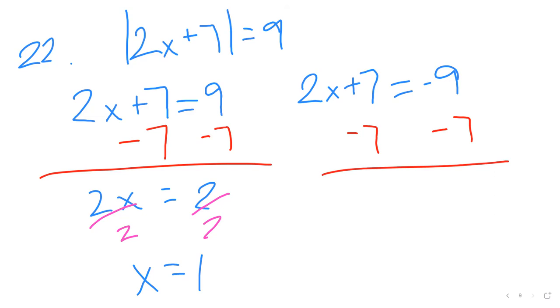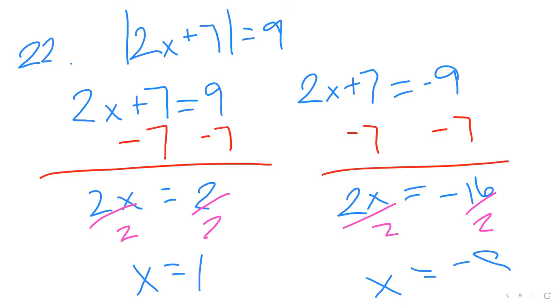It'll look similar, but you're going to end up with some different results because of that negative. -9 minus 7, that's -16. Divide by 2 on both sides. That'll leave us with x equals -8. So our solutions there are 1 and -8.